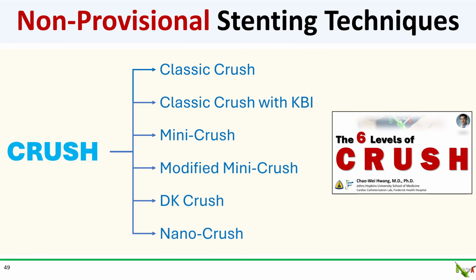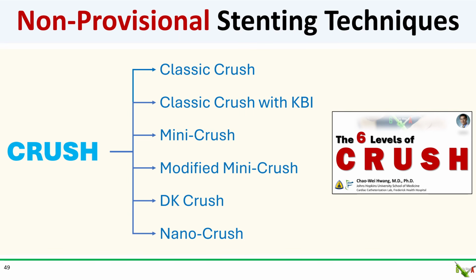Crush stenting actually consists of a family of related techniques, which include classic crush with kissing balloon inflation, mini crush, modified mini crush, DK crush, and nano crush. I go over each of these techniques in my video called the 6 levels of crush.